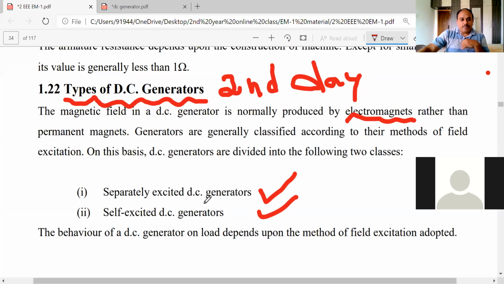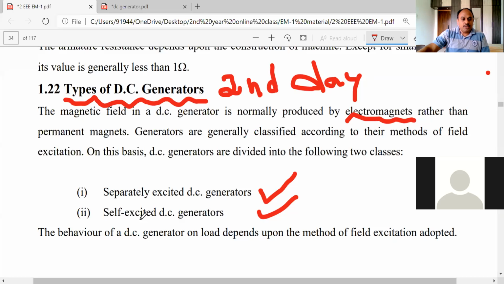Separately excited means the field supply is given from an external source. DC field supply is given from an external source to the generator field winding. That type is called a separately excited DC generator. Self-excited means the generator terminals themselves are connected to the field winding, so DC power is obtained from its own terminals.